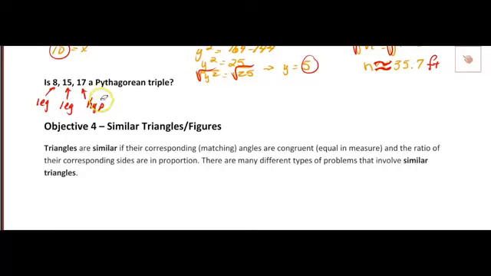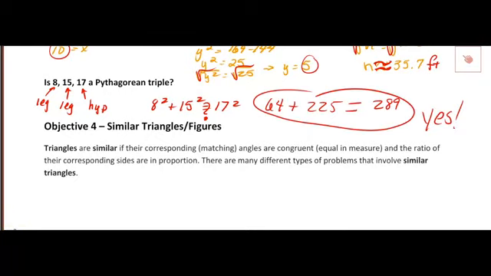So the question is, would these three numbers work as a Pythagorean triple? A, B, and C. Well, all we need to do is figure out, is 8 squared plus 15 squared equal to 17 squared? So there's a question right here. We don't know. Why don't you figure it out?